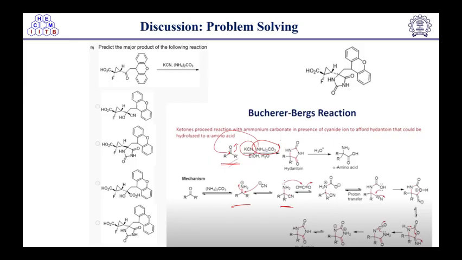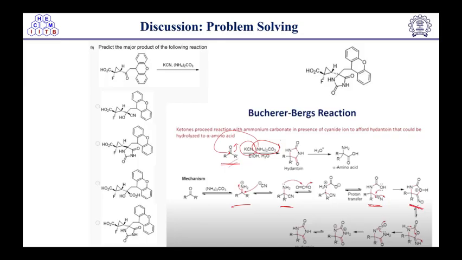After this one, the lone pair of electrons will attack on CO2 molecule and it will give you a corresponding amide intermediate. Then proton transfer will take place to give this intermediate. After this one, this lone pair of oxygen will attack on electrophilic center of nitrile group and it will get open up.